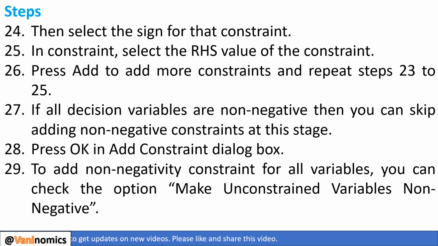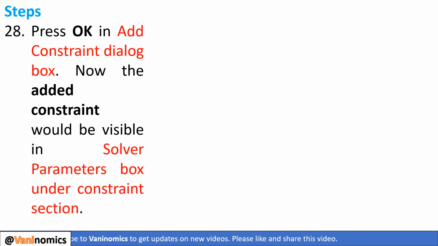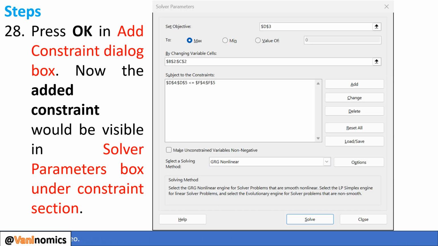These steps again I am going to talk further and give details also. So then press OK in add constraint dialog box. Now the added constraint would be visible in solver parameter. So subject to constraint, you can see we have our constraints.